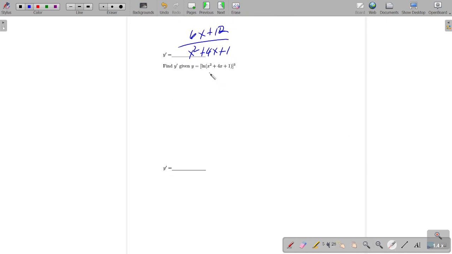Okay, again, try this one. So this one, you're going to get y prime equals 3 natural log of x squared plus 4x plus 1 squared times the derivative of this, which is 1 over x squared plus 4x plus 1, times the derivative of the denominator, which is 2x plus 4.